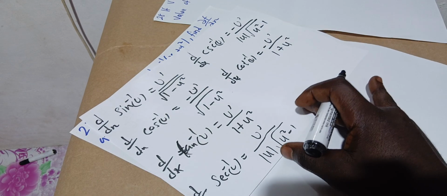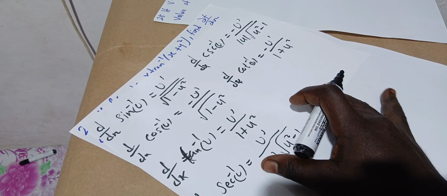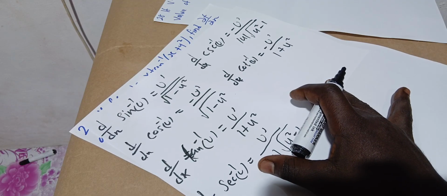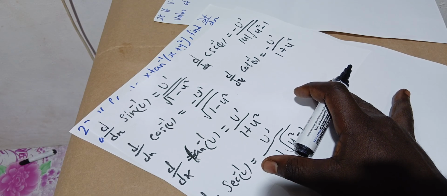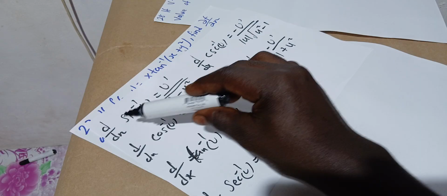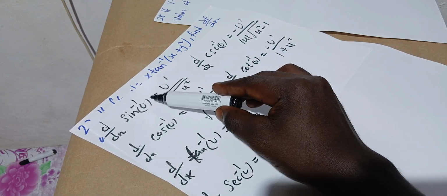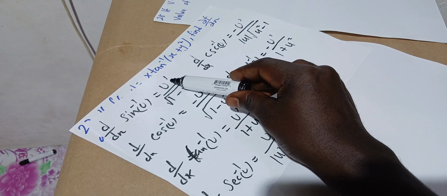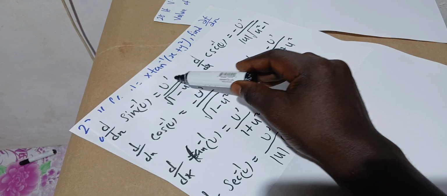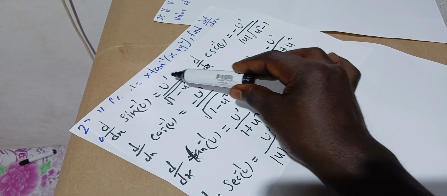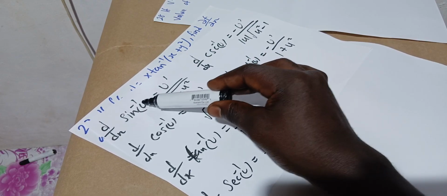Well, these are the basic trig inverse identities you need to know. The derivative of sine inverse of u equals u prime all over the square root of 1 minus u squared, in which u prime is the derivative of u.